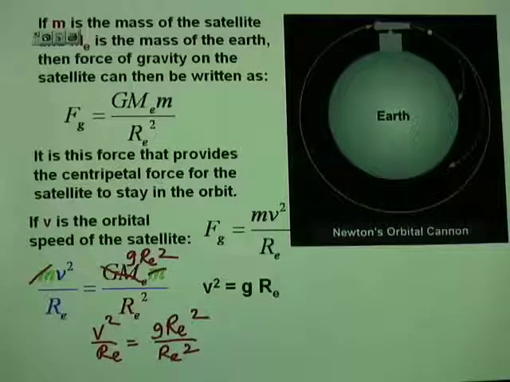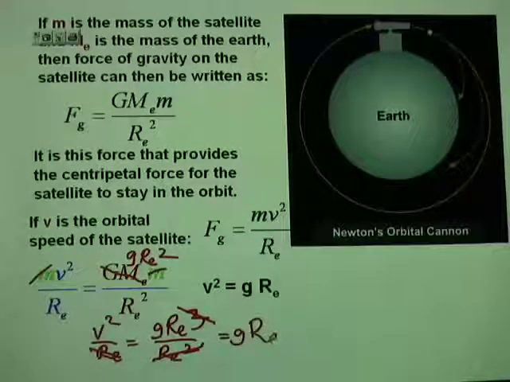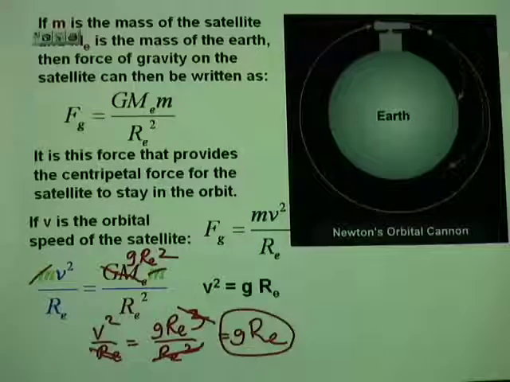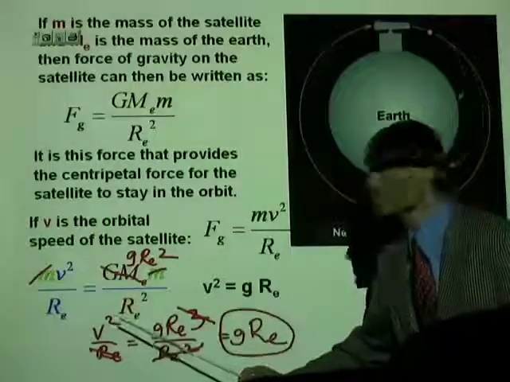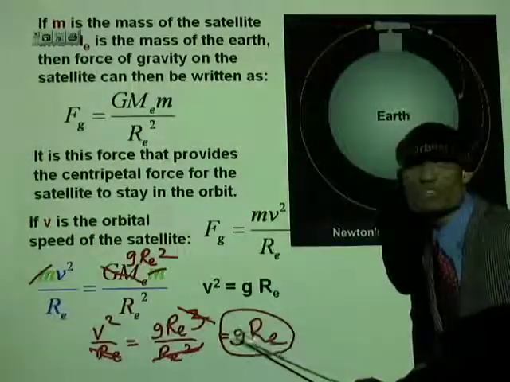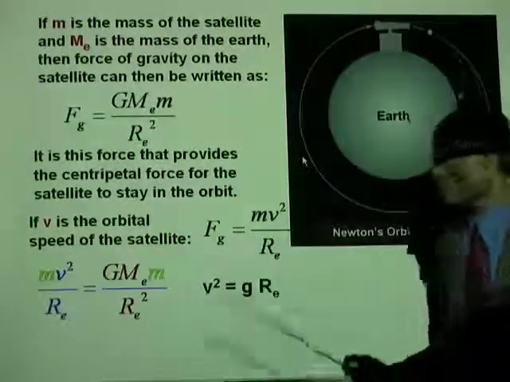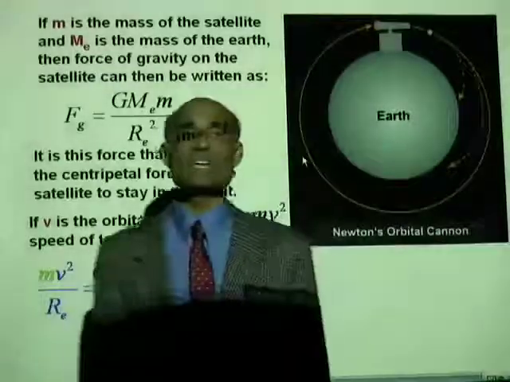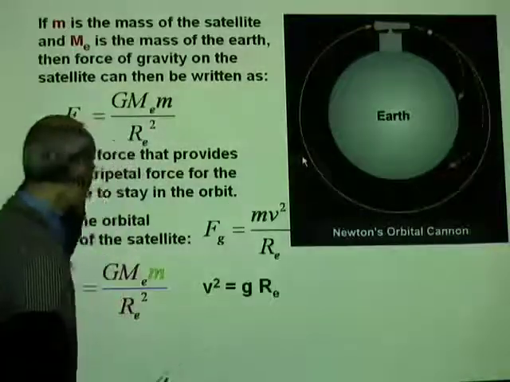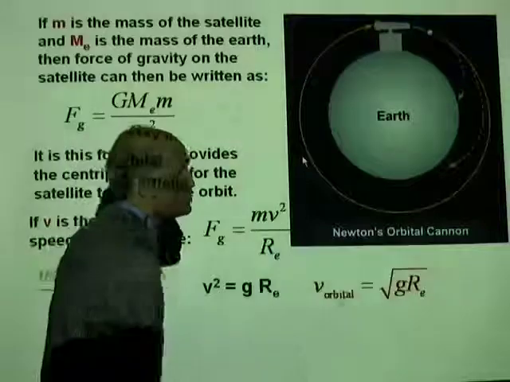Multiplying by RE, I can make that RE cubed, and RE squared in the denominator will cancel with the RE cubed, leaving g RE. So solving that equation gives you v squared equal to g RE, where v is the orbital speed. And therefore, v is equal to the square root of g RE.